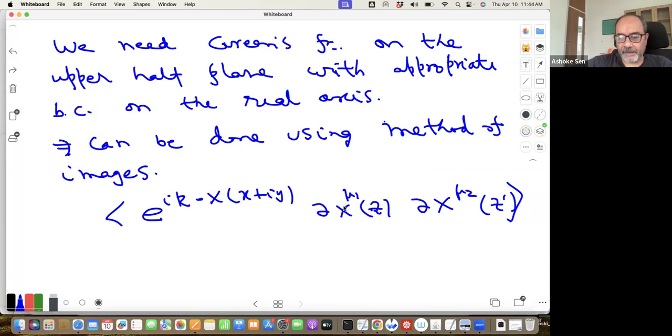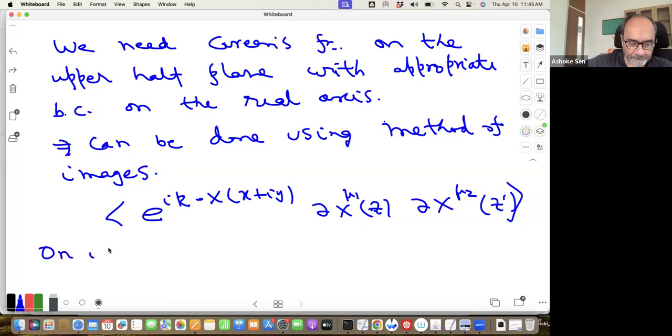But on the upper half plane there is some freedom, because you are not demanding analyticity in the full complex plane. So in the upper half plane, just knowing the singularity doesn't fix the correlation function uniquely, but you also need the boundary condition on the real axis.